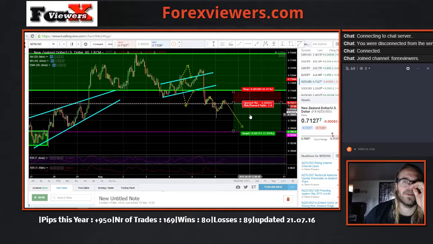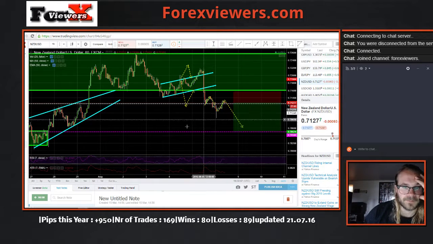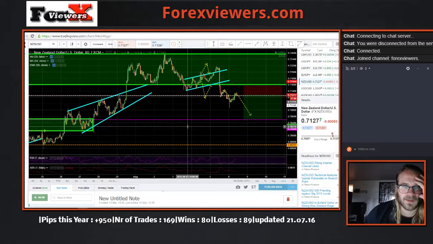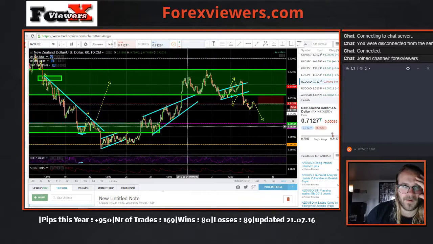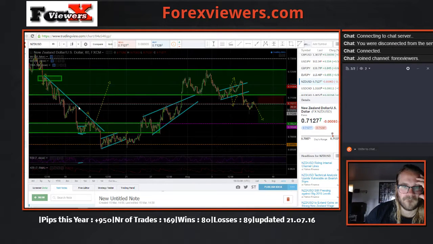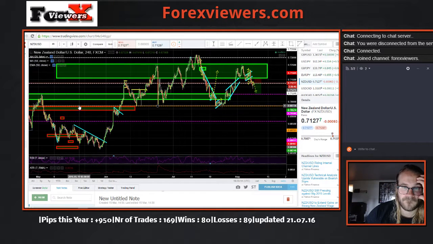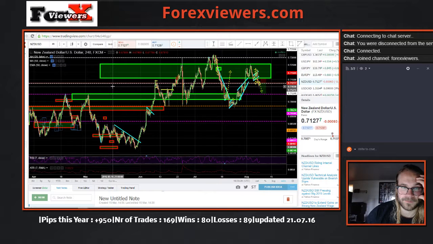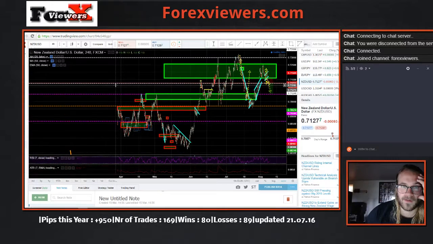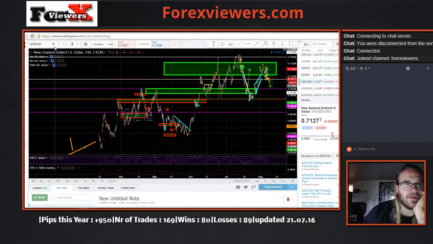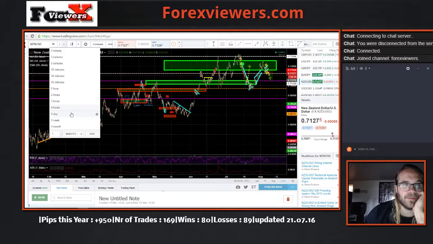More than a 2-to-1 risk reward, which is nice. Some structure here on this white line. May need to get a bigger perspective of this.